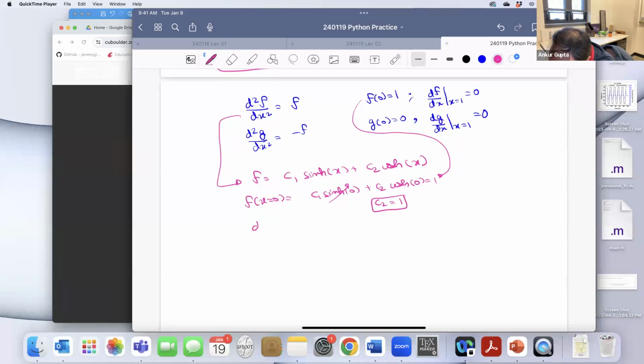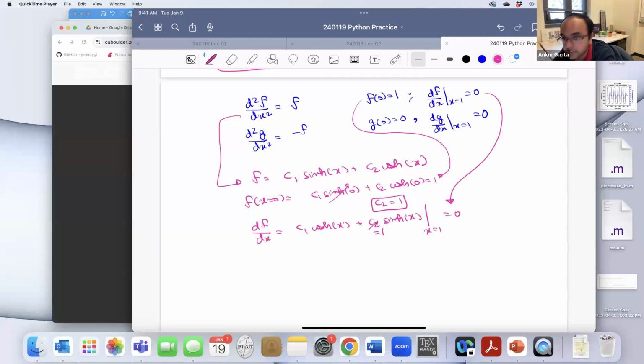Then, to find df by dx, we differentiate the solution, which gives c1 cos of x plus c2 sinh of x. We evaluate this at x is equal to 1 and set it to 0, which is the other boundary condition. We know c2 is equal to 1.